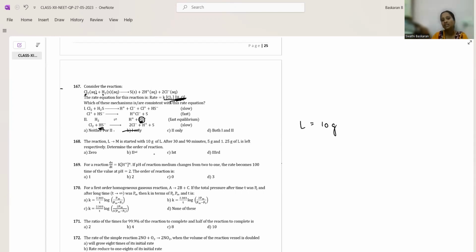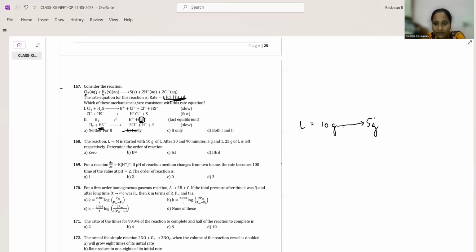As soon as you look at this type of reaction, it is understood that it is a question based on T half, right? Why am I assuming that it's a T half related question? Because 10 grams of L in 30 minutes is undergoing reaction to remain at 5 grams. So 10 to 5 grams is nothing but half of the concentration being reduced.